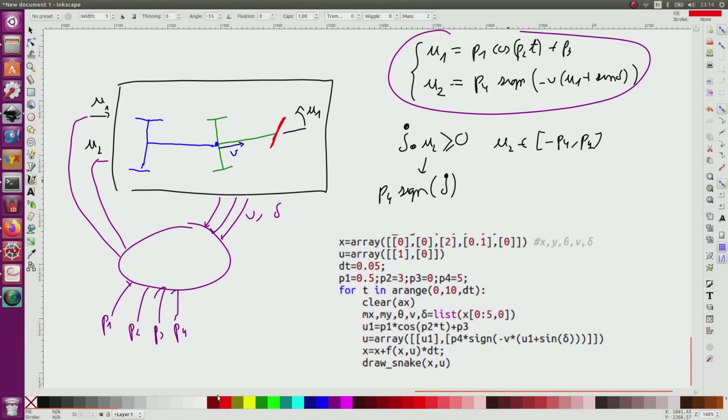I can recognize here U1, which is given here, and U2, which is given here, and that will feed the evolution function f. The parameters are fixed like this. So it means that there is no bias, and since I have no bias, I will go straight.